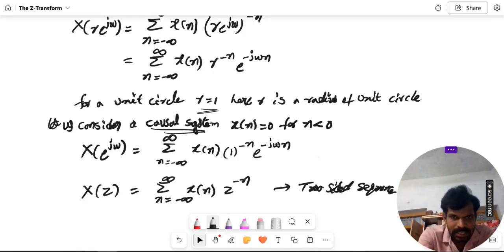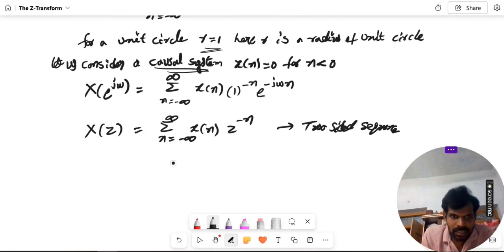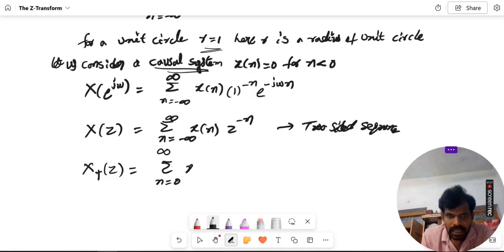Now consider the causal system, which is represented by the one-sided z transform, X suffix plus of z, which is equal to the summation from n equals 0 to infinity of x of n into z power minus n, which is called the one-sided z transform.